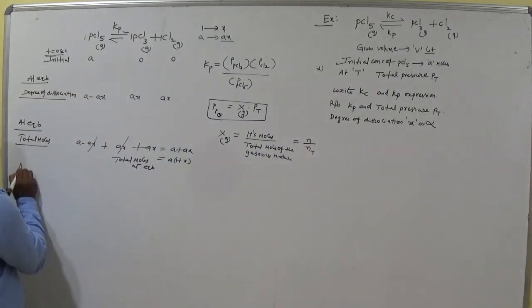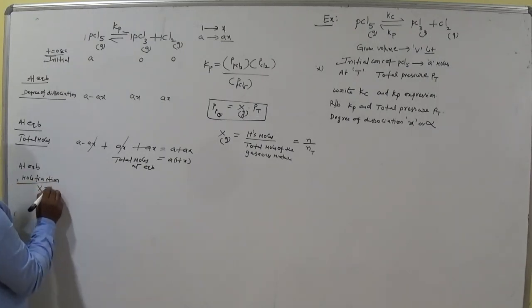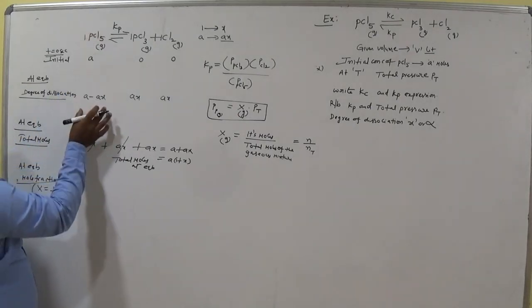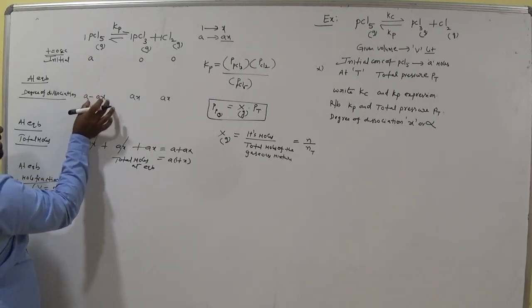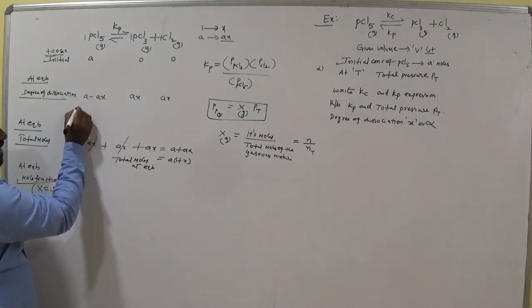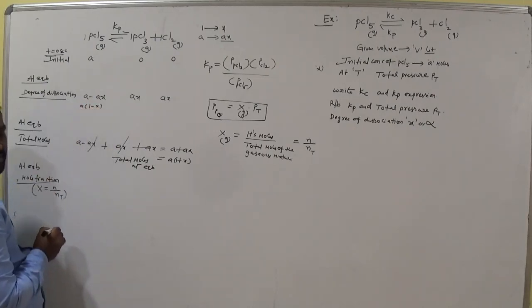So at equilibrium we have mole fraction. What is mole fraction? Number of moles by N total, am I right? At equilibrium, what is the moles of PCl5? A minus X. So it can also be written as A into 1 minus X, am I right?